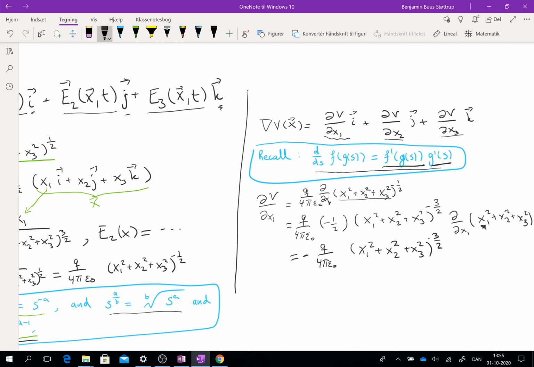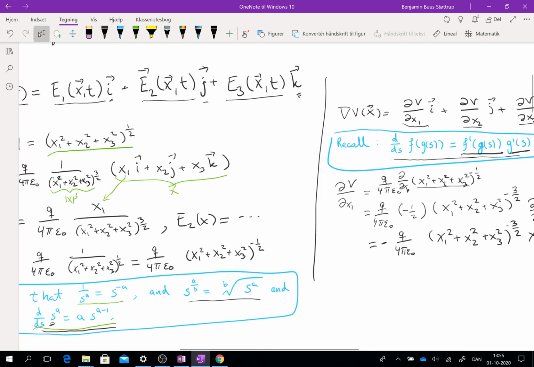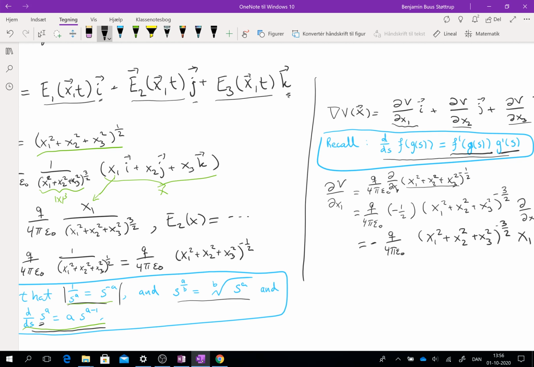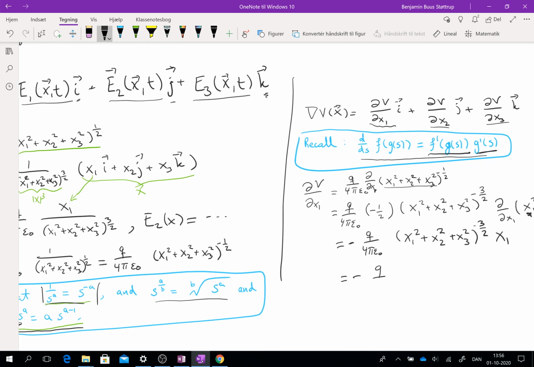And if we use this first rule over here to rewrite the parentheses, we can actually write it as minus q divided by 4 pi epsilon 0, and then we have x1 divided by x1 squared plus x2 squared plus x3 squared, all to the power 3 halves.